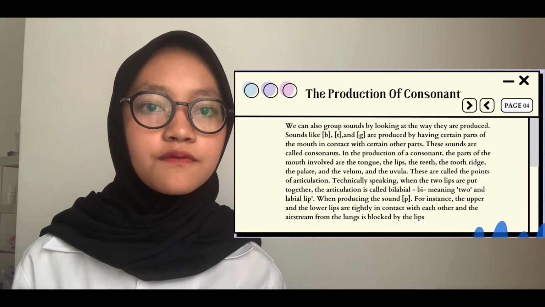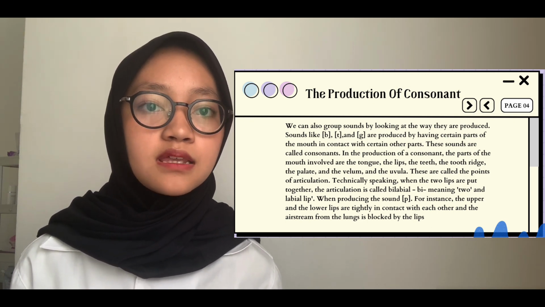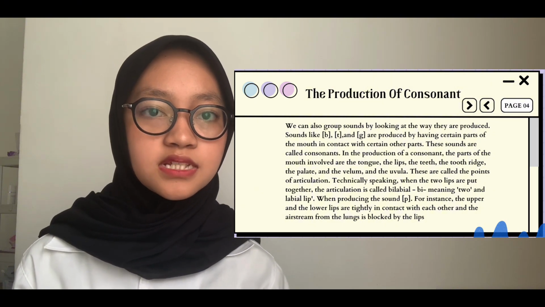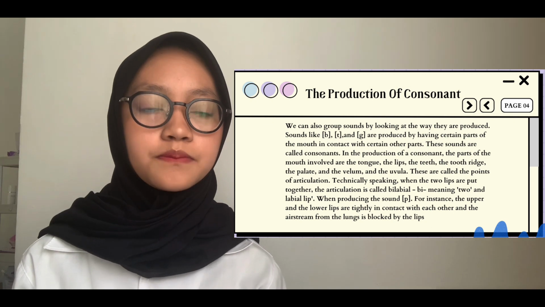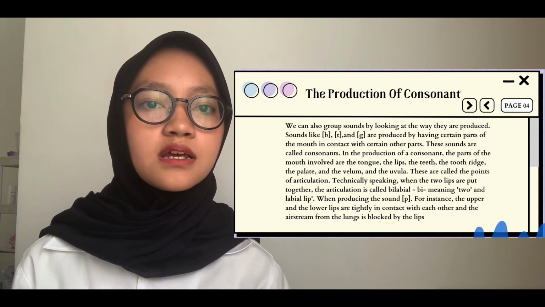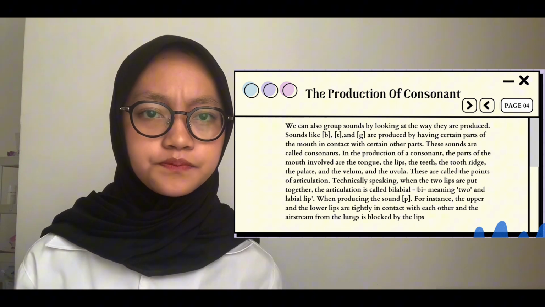The parts of the mouth involved are the tongue, the lips, the teeth, the tooth ridge, the palate, and the velum and the uvula. These are called the points of articulation.